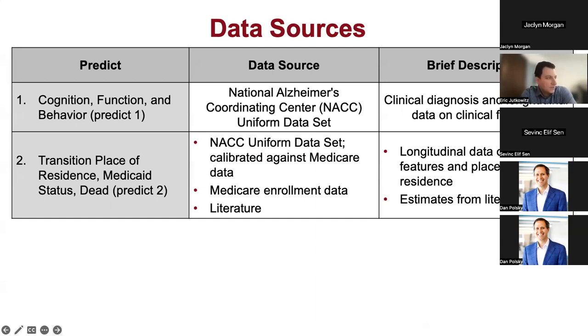The second set of predictions are about moving in terms of place of residence, going from the community to nursing home, transitioning to full Medicaid and mortality. We're going to use a couple of different data sets for this. For transitions in place of residence, we draw initially on the NACC data.